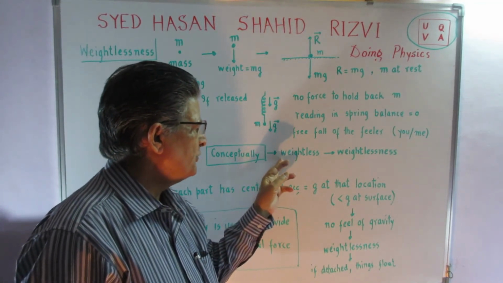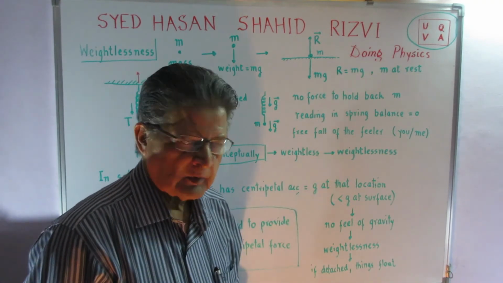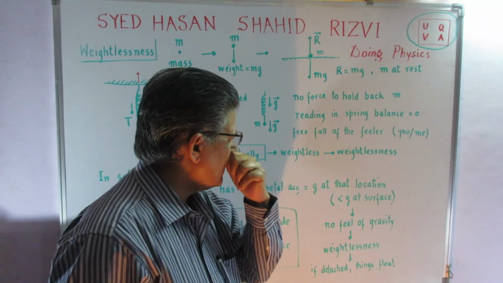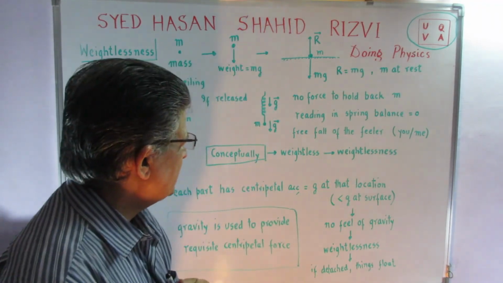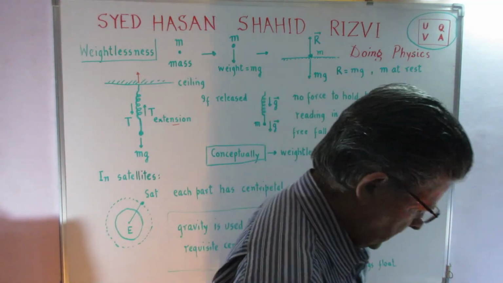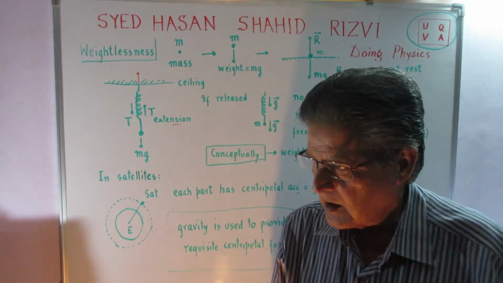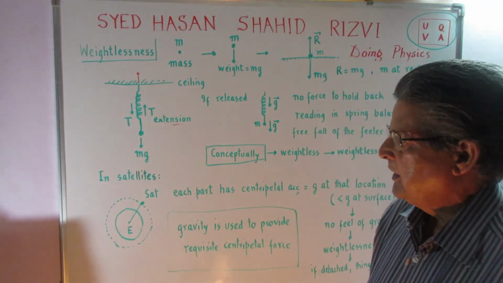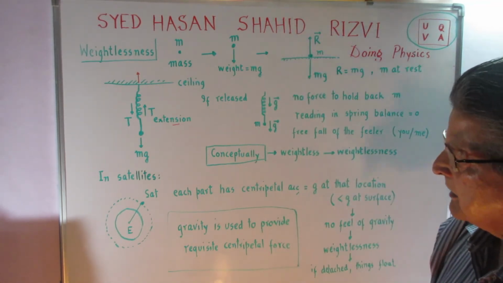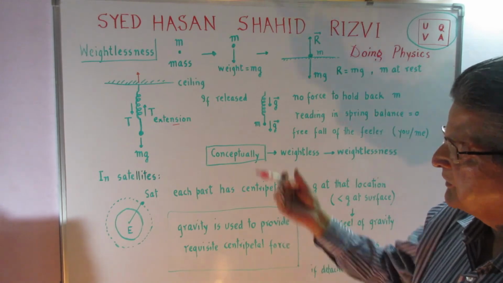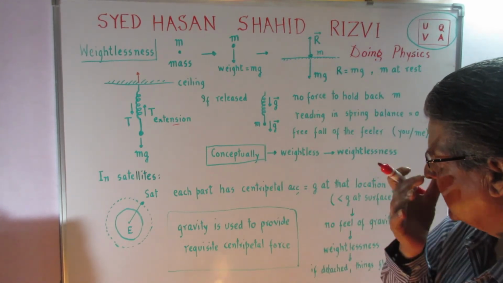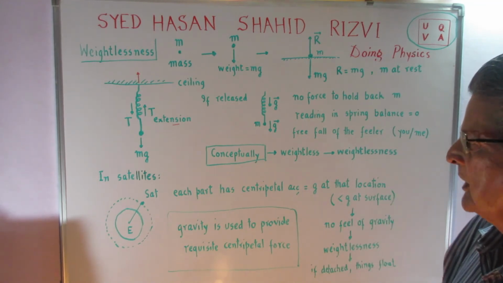The feeling is that you feel that you are weightless, and this occurrence of feeling weightless is called weightlessness. In free fall, say we are in a lift, and the string holding the lift snaps, and then we go falling freely towards the earth.